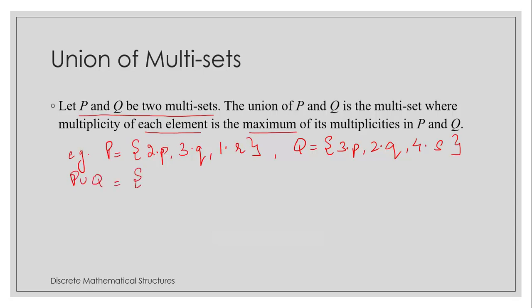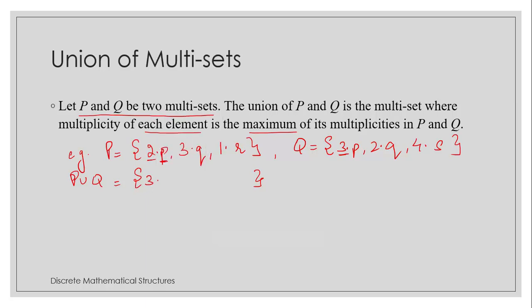So P union Q will also be a multiset where the multiplicity of each element will be the maximum of its multiplicities in P and Q. Now when we talk about element P, it has multiplicity 2 in set P and multiplicity 3 in set Q. So in the union we will take the maximum multiplicity.